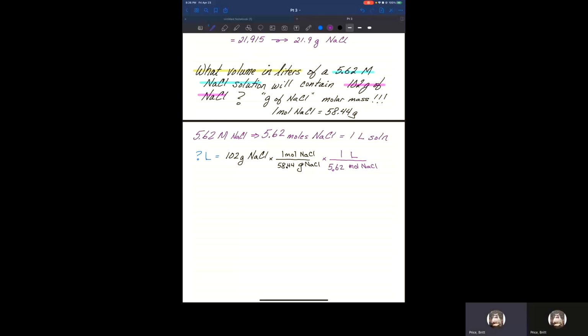So 102 divided by 58.44 and then divided by 5.62 will give me 0.311 liters of solution.